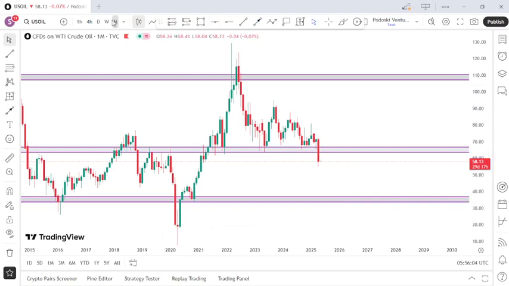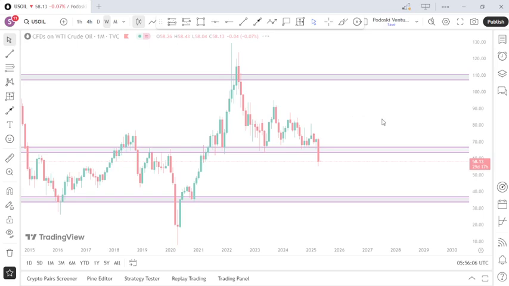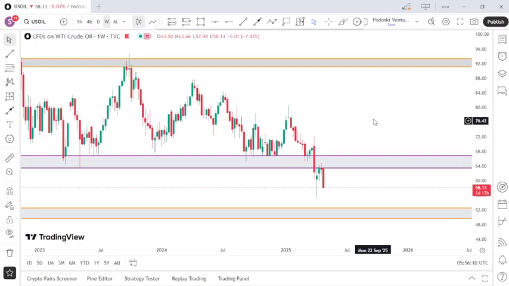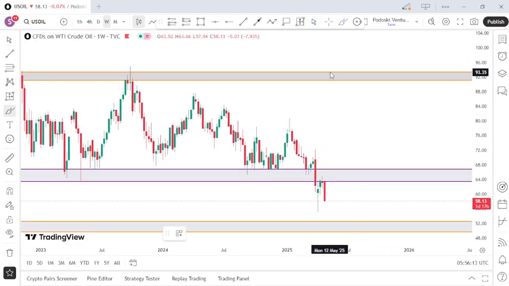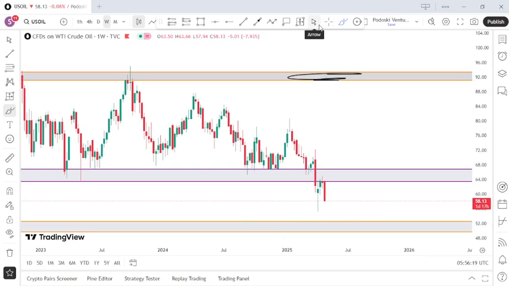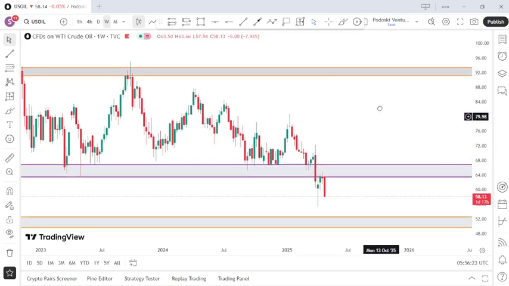Okay, so let's go to the weekly. Here we are on the weekly. I have my weekly upper zone here, my weekly midway zone here. On the weekly time frame, you also see a downtrend just like we saw on the monthly time frame.